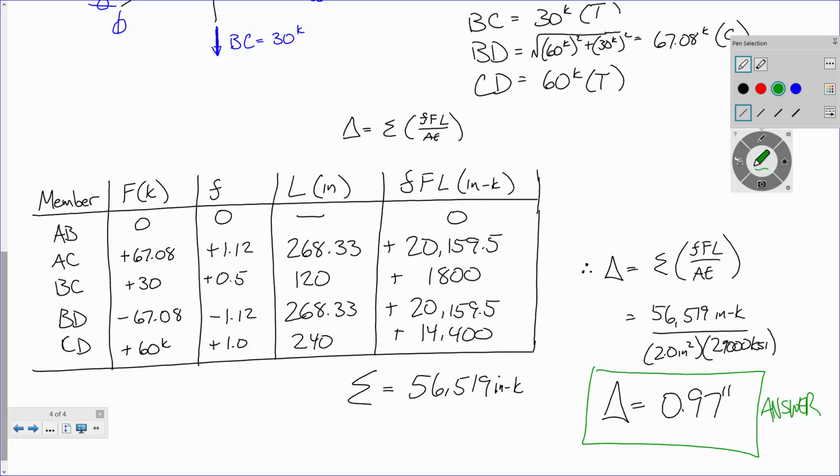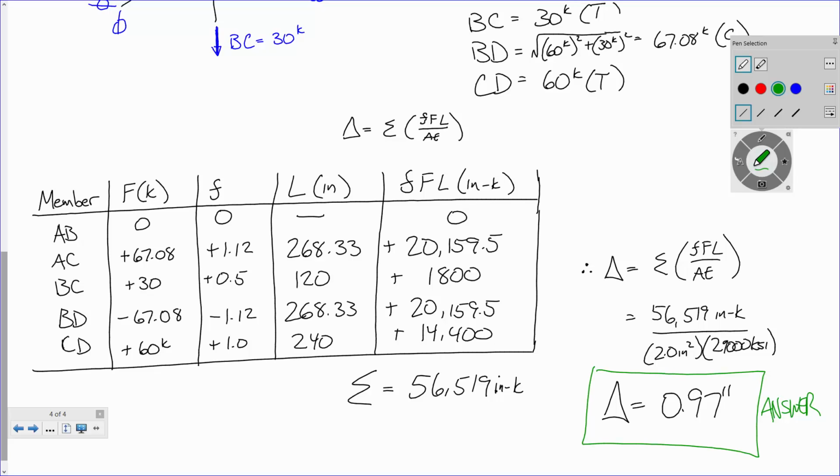Before I move on, any questions? What's that? Structural analysis, like this is called structural analysis. Yeah, unit load method, where you put a 1 kip load on there. All right.